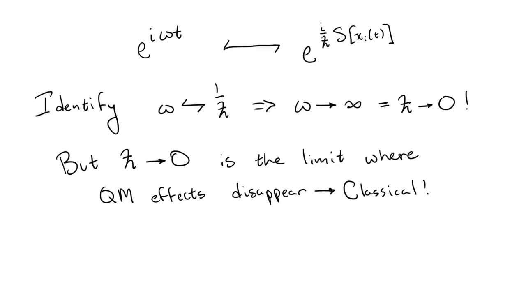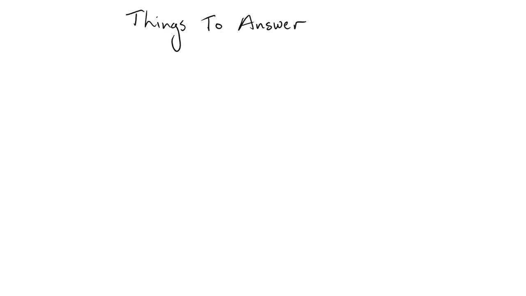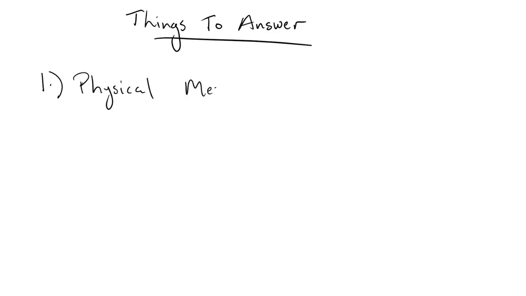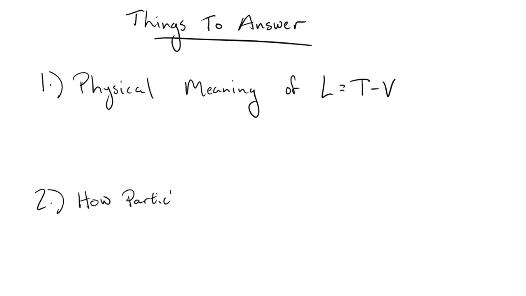Let's take a moment to recap. We started out with two big problems that we wanted to try to solve using quantum mechanics. The first is that the form of the Lagrangian, kinetic energy minus potential energy, doesn't seem to correspond to anything physical in classical mechanics, despite giving the correct description for the motion of particles. The second is the fact that particles seem to know how to minimize their action before they undergo any motion.